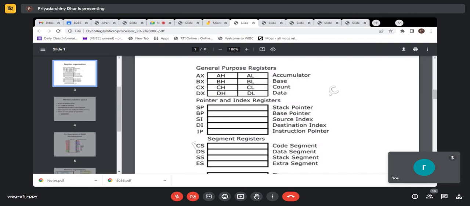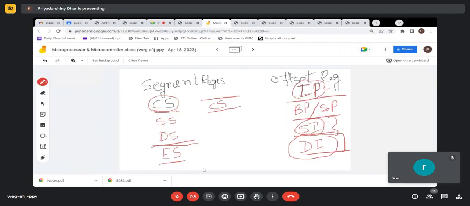Now the content of the instruction pointer and the content of the code segment register, the IP value and the code segment value, together give us the physical address of the code segment.